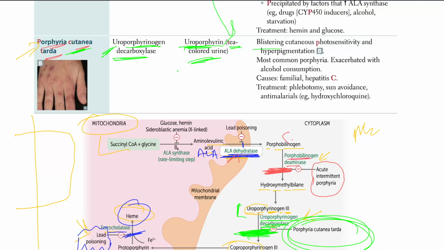Blistering, cutaneous photosensitivity, very important. Cutaneous, look at the picture. They even showed you the cutaneous photosensitivity.